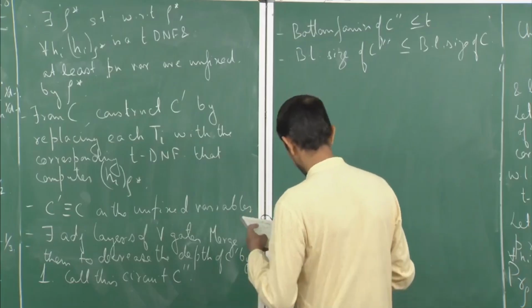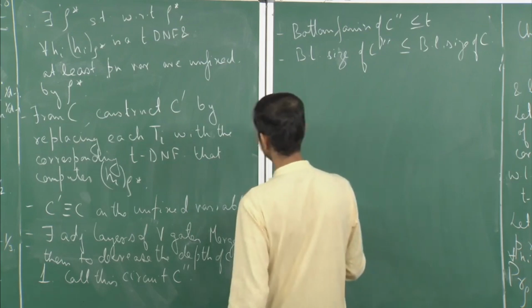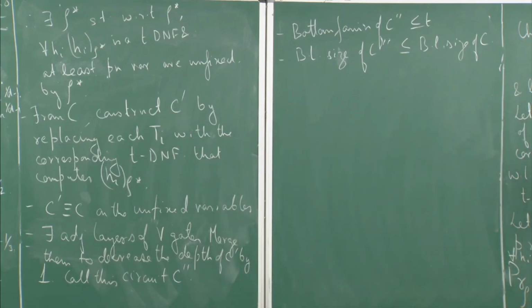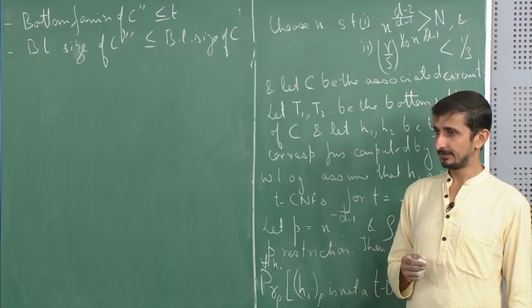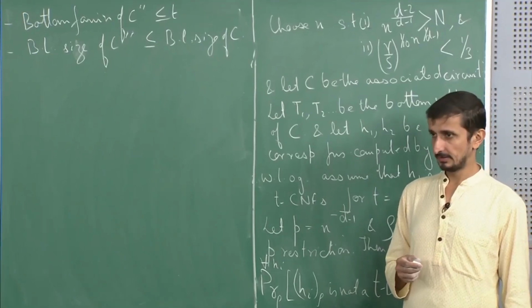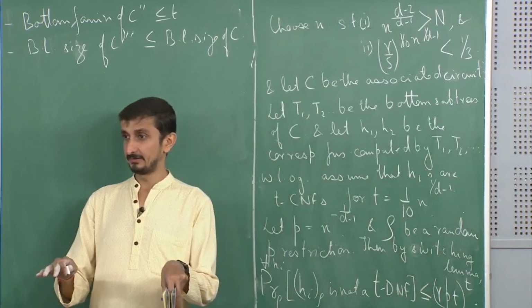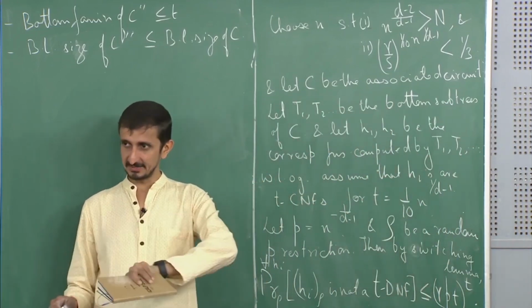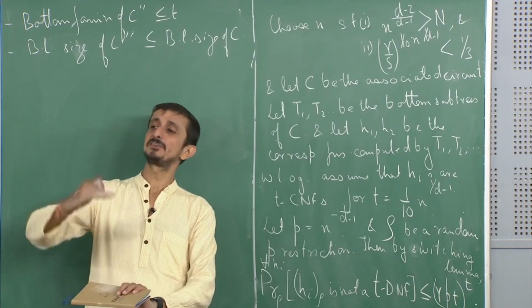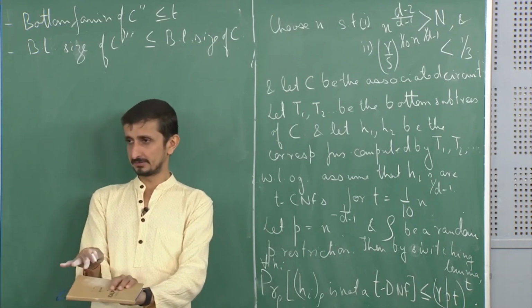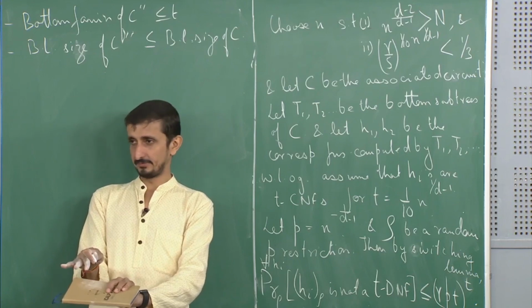Yes, because at the last layer it is an AND, because it is a DNF at the last layer. So, we are looking at the last 3 layers now. At the very last layer I have AND of literals, because it is a DNF.